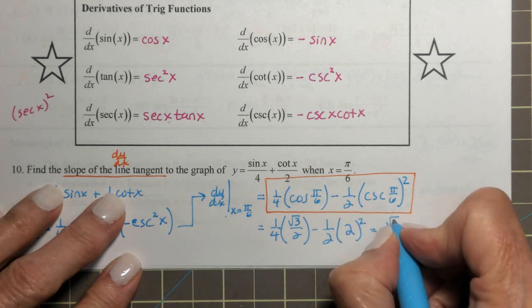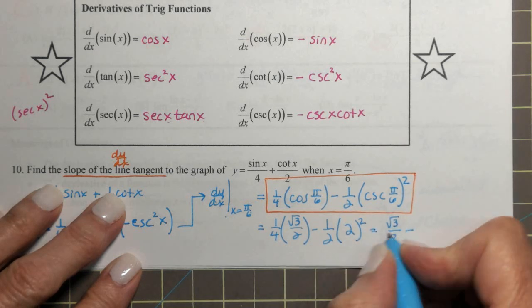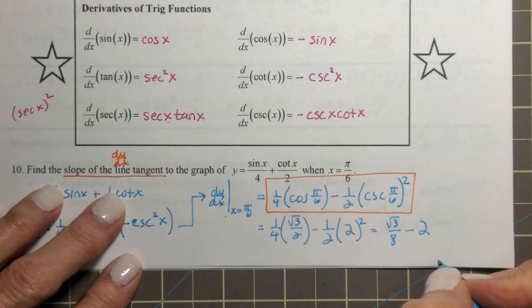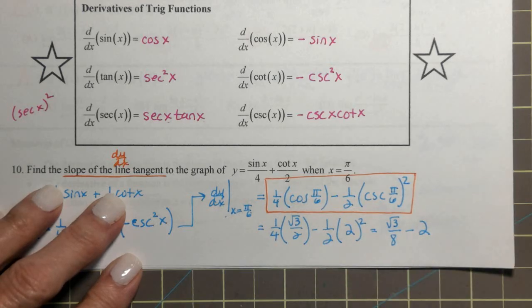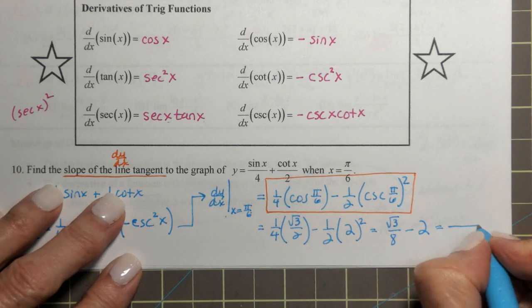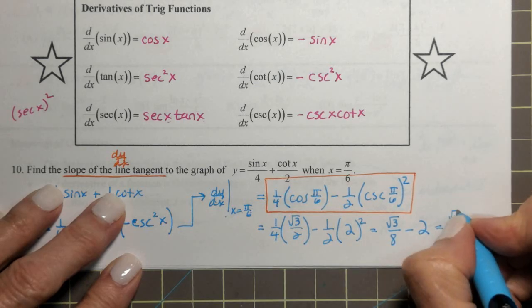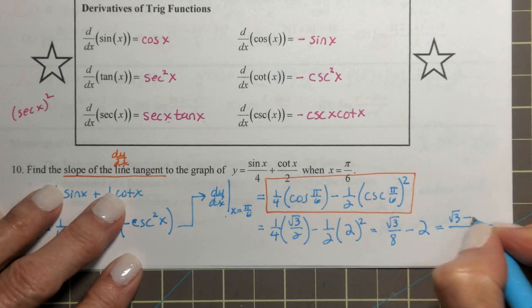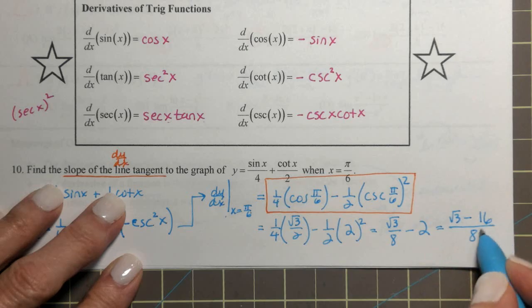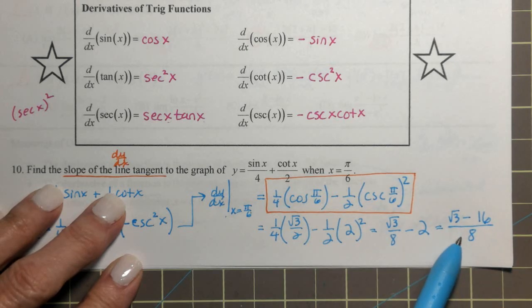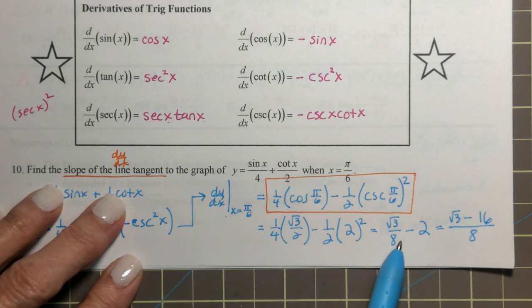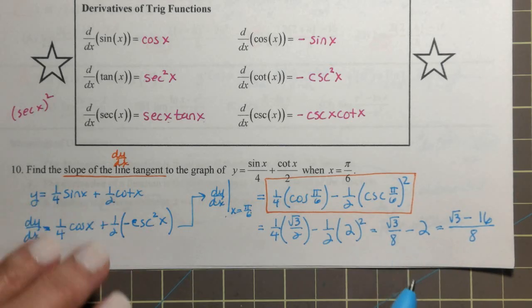Which makes this the square root of 3 over 8 minus 2. That could be the multiple choice answer, or they could get a common denominator. Square root of 3 stays square root of 3 minus 16. 16 over 8 is 2. That's probably what they would put as a multiple choice answer. But I have seen them do things like this as well.